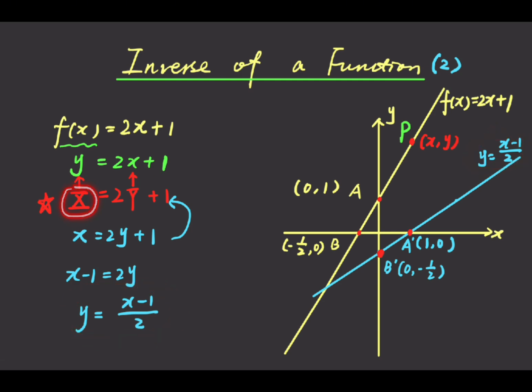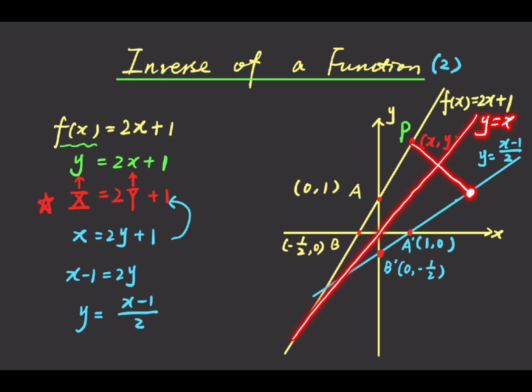Here, why do we need to use x to replace this y? We use y to replace this x because for this point P on the original function, this x coordinate, this number, should be the y coordinate on this line, for the corresponding point P, that is to say, the symmetrical point over this straight line y equals x.